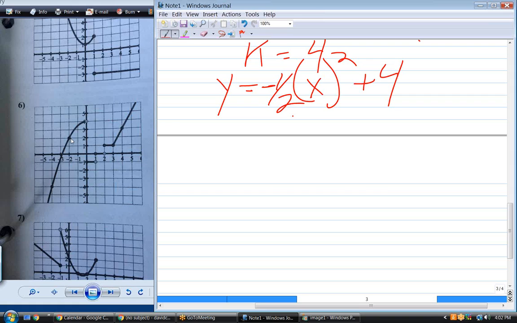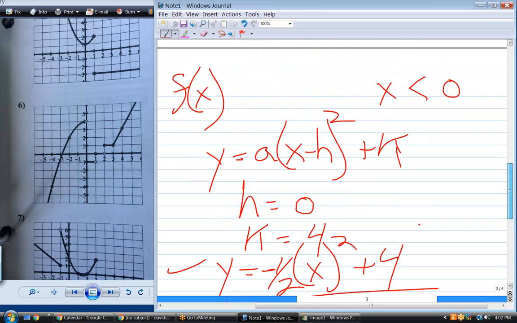So this function satisfies that point, which tells me that it is absolutely a parabola in vertex form. Here's our answer.